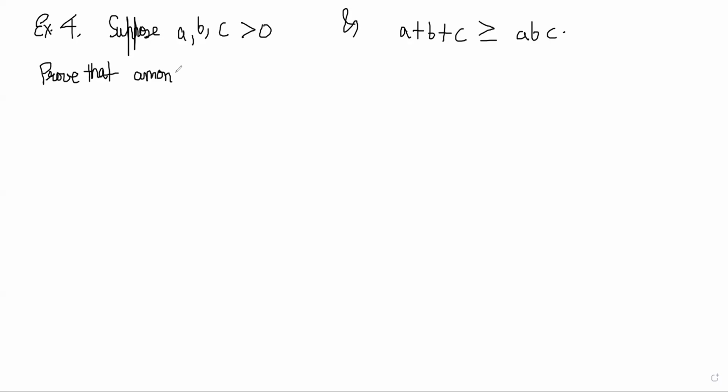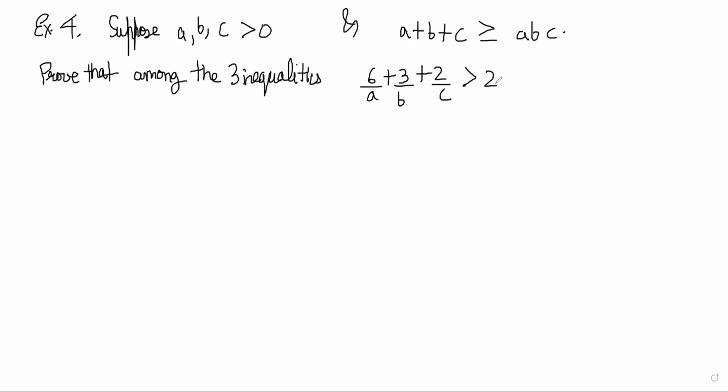among the three inequalities, what are the three inequalities? 6 by A plus 3 by B plus 2 by C is greater than or equal to 2. 6 by B plus 3 by C plus 2 by A is greater than or equal to 2.